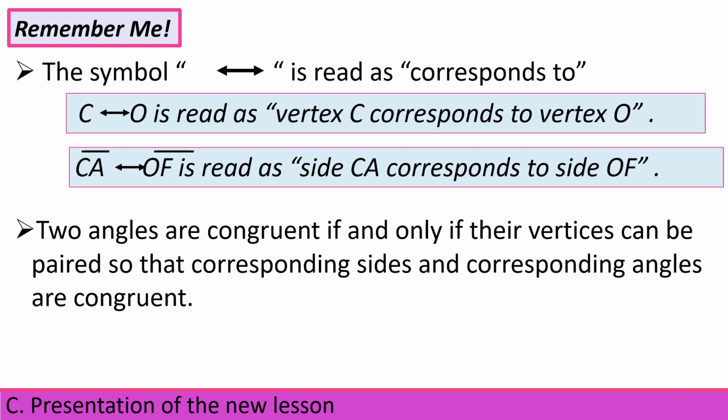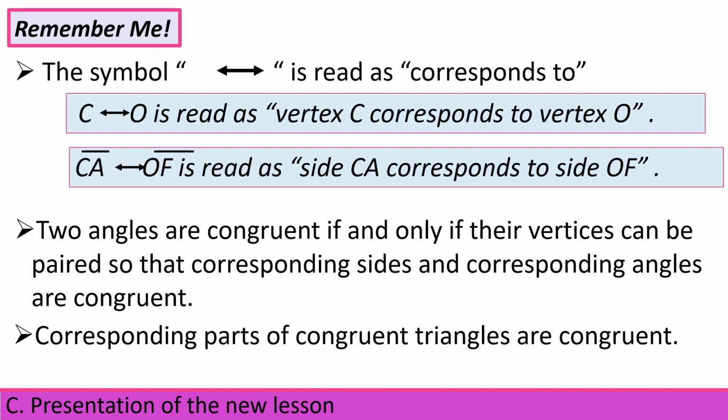Remember also that two triangles are congruent if and only if their vertices can be paired so that corresponding sides and corresponding angles are congruent. And corresponding parts of congruent triangles are congruent.